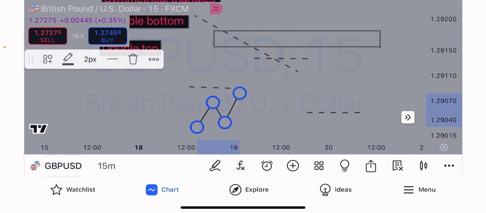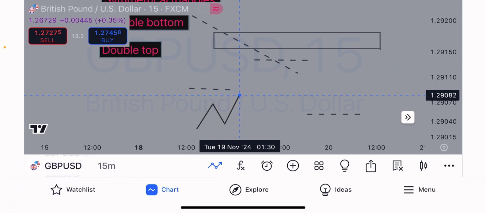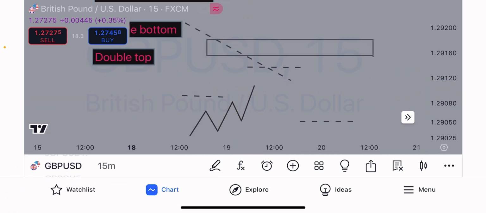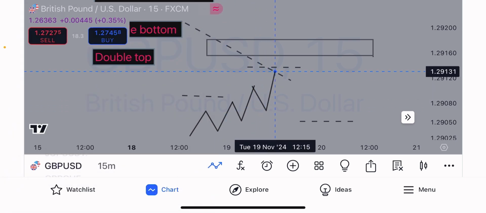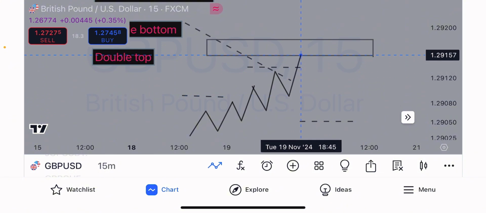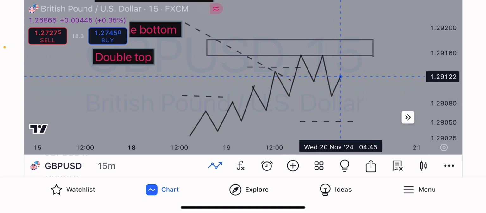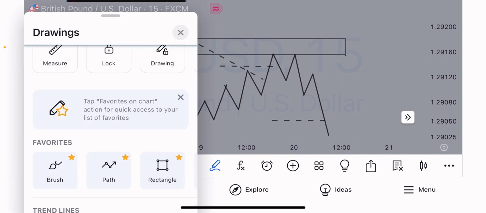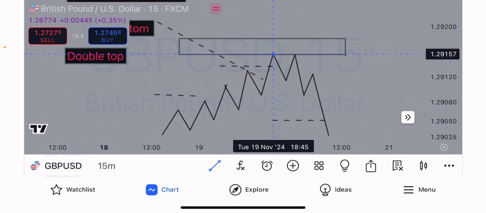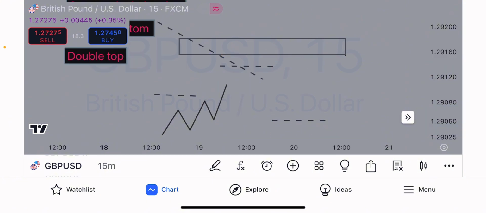The market comes here, creates equal high, breaks out of the neckline, retests it a little bit, and you have this double top.